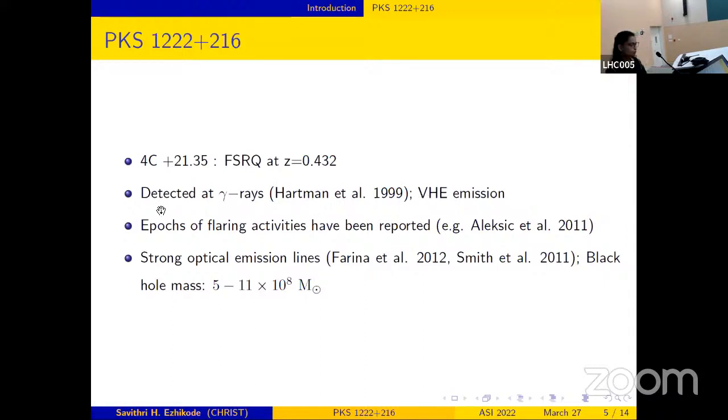It has also been reported to show multi-band flaring activities at various epochs. Besides this, the optical spectrum of the source also shows strong emission line features, and using these optical spectra, previous studies have reported a black hole mass of roughly 1 billion solar masses in the source.